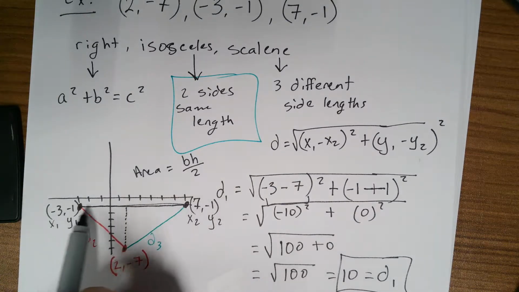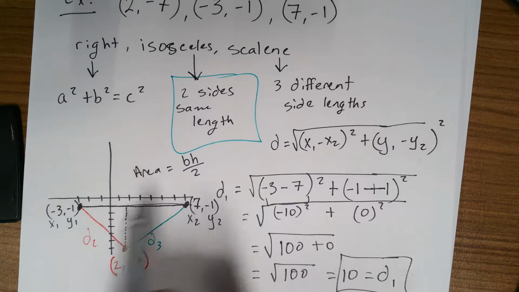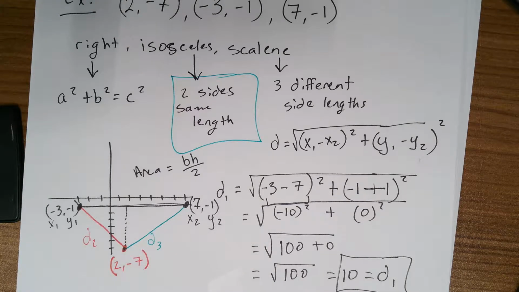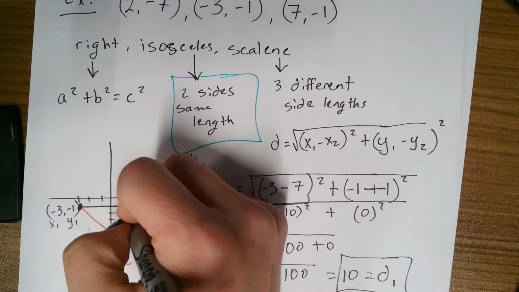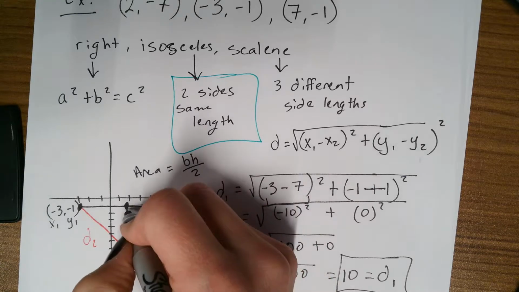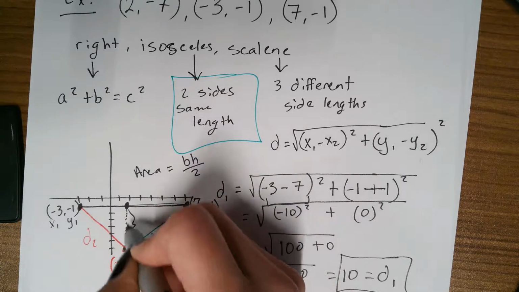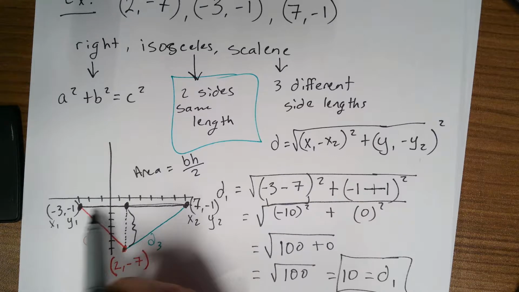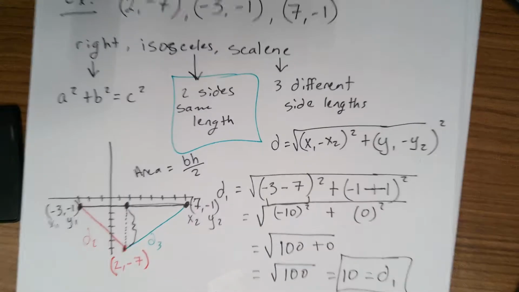This length here tells me the base, and then I can multiply those together and divide it by 2. All right, so we do need to know what this midpoint is. If I know what this point is, then we can again use the distance formula, figure out what the height is, and then we can do base times height and divide that by 2.